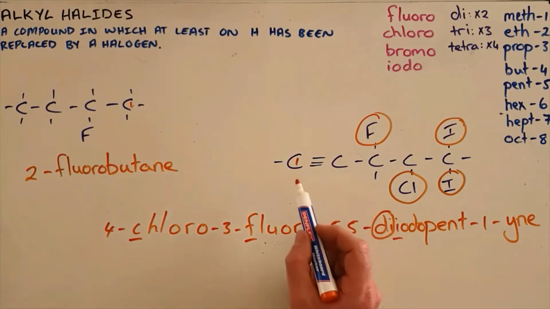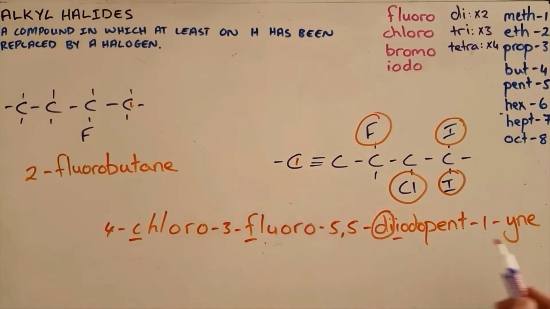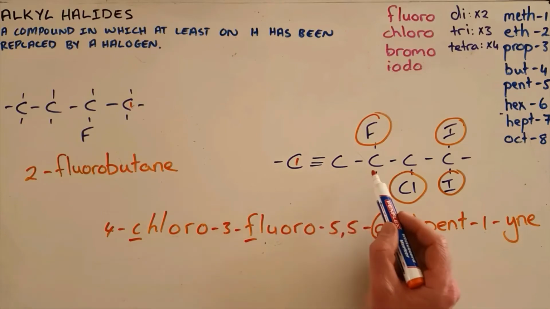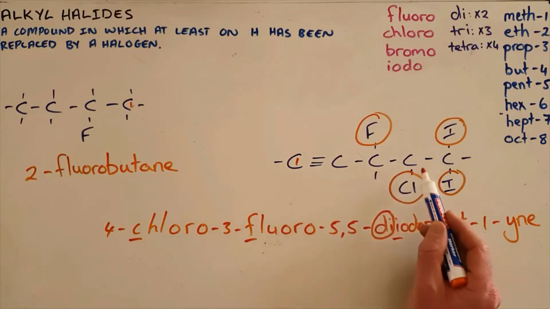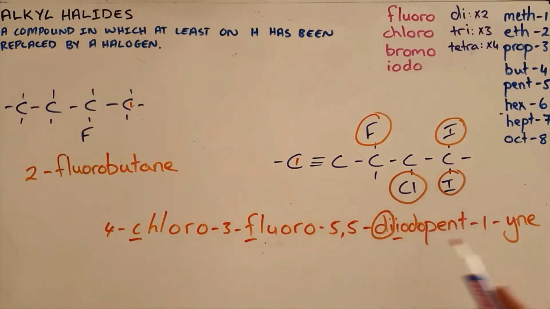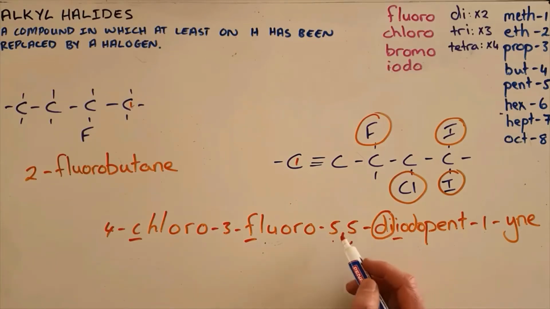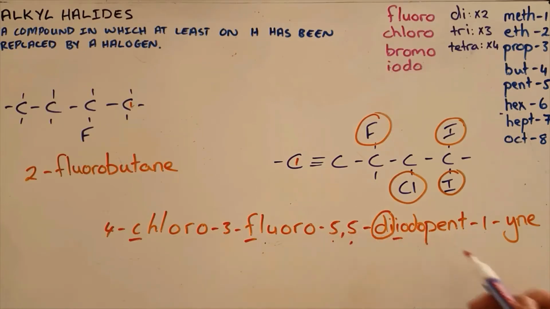And once we have chosen to number from the left-hand side for our alkyne, we must keep that numbering, which is why this is carbon number 3, carbon number 4, and carbon number 5. And it is important to identify that both iodines are on the 5th carbon, 5,5. It is not acceptable to leave this as simply 5-diiodo-pent-1-yne.